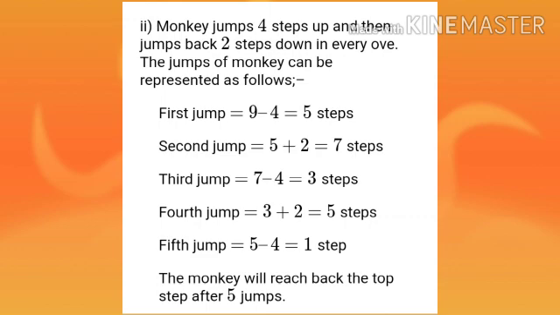Then for the third jump, he reaches the 3rd step, and in the 4th jump, he reaches the 5th step. Finally, on the 5th jump, he reaches the 1st step. Therefore, the monkey will reach back the top step after 5 jumps.